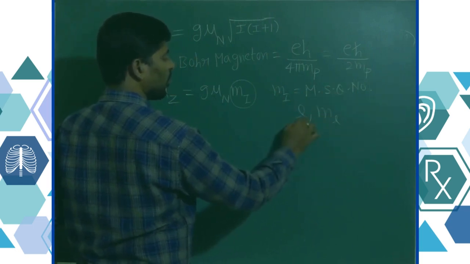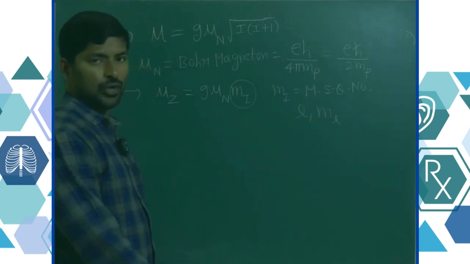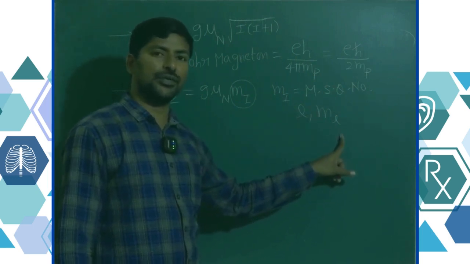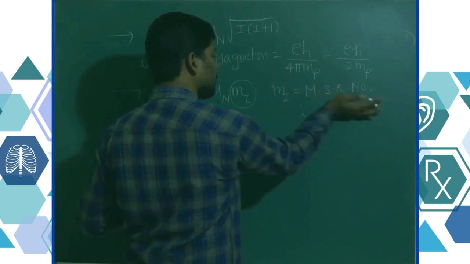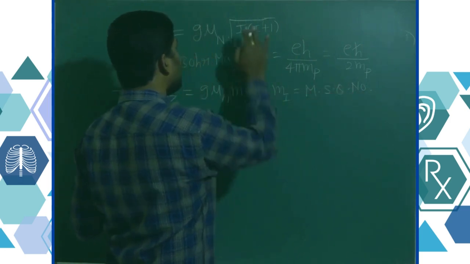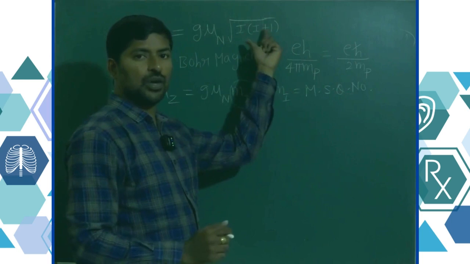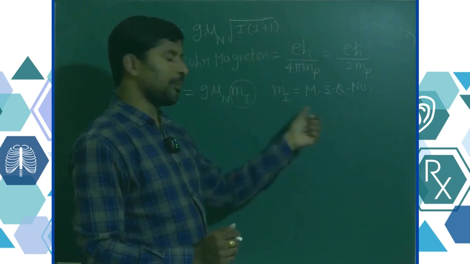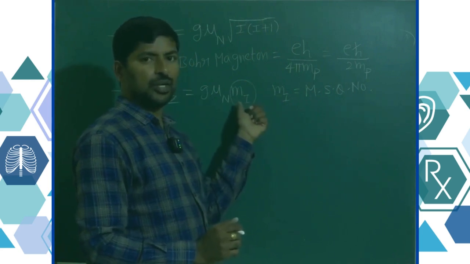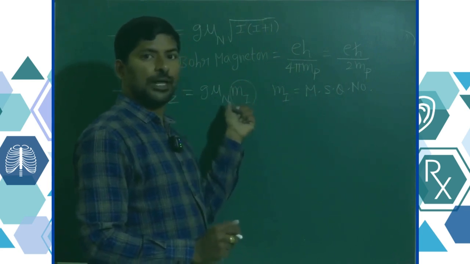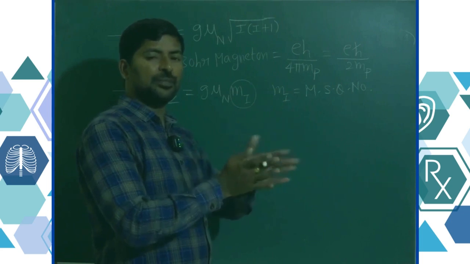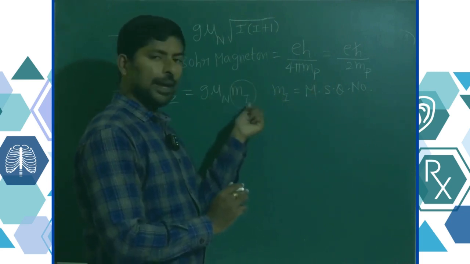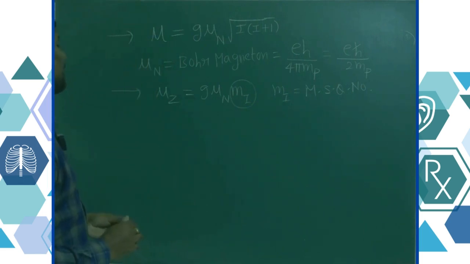L is the azimuthal quantum number, ML is the magnetic quantum number. Similarly, here also we have I and mI: I is the nuclear spin quantum number, and mI is the magnetic spin quantum number of nucleus. In the presence of magnetic field, one level may split into various levels. Those various levels are distinguished by using mI.